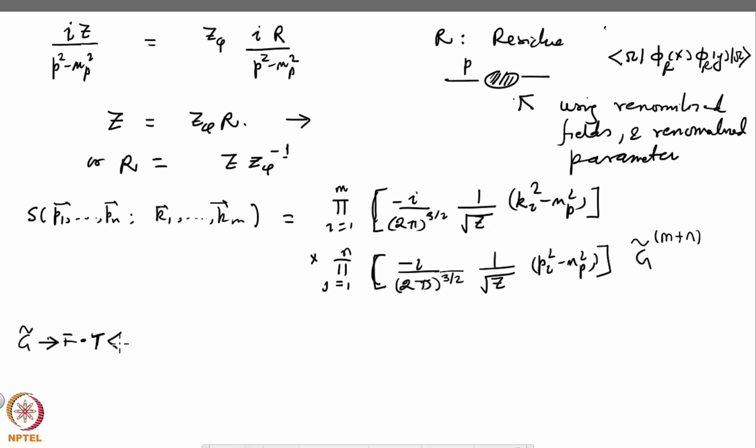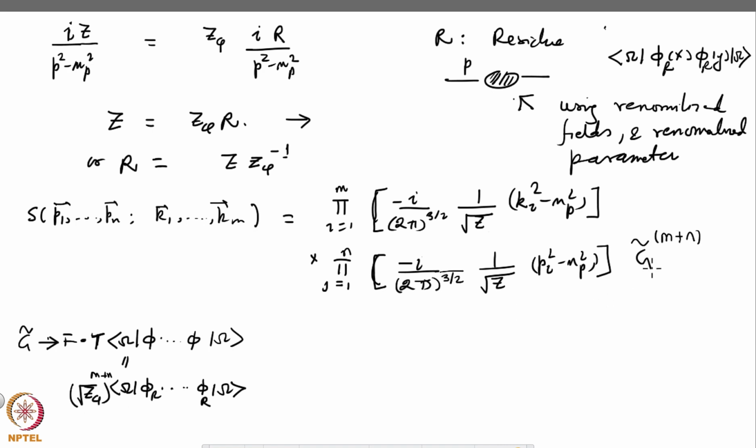So it's a Fourier transform of such m plus n fields. Okay, and when I write this as correlation function with phi r, here I will have root z phi m plus n.